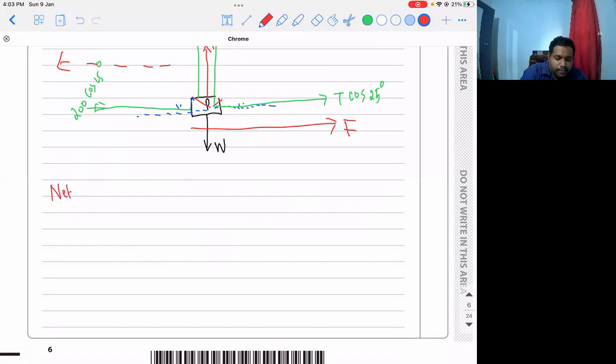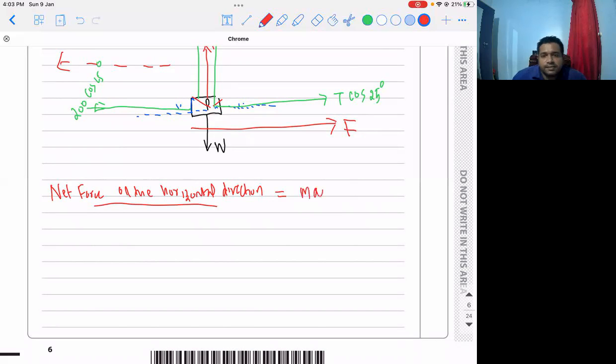Net force in the horizontal direction is equal to mass times acceleration in the horizontal direction. Similarly, net force in the vertical direction is equal to mass times acceleration in the vertical direction.